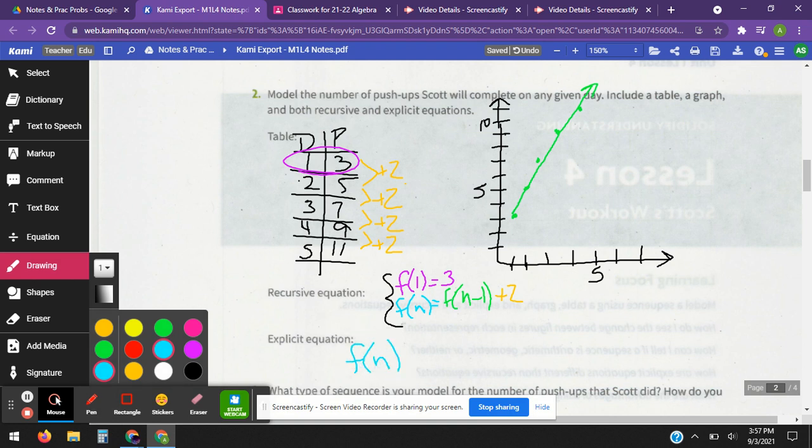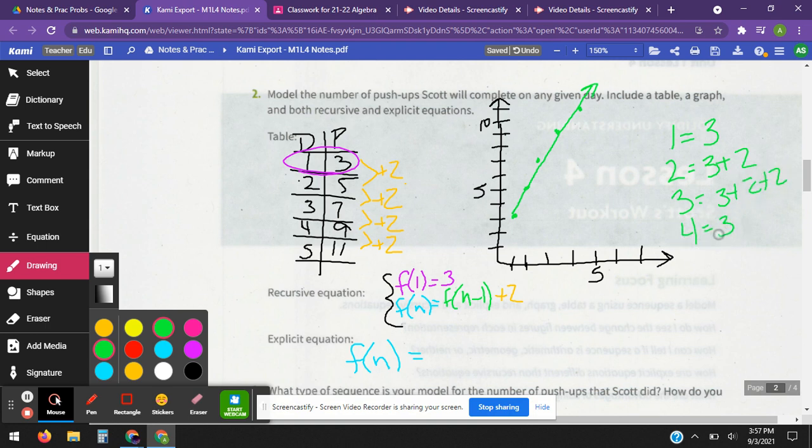So when we turn this into the explicit equation, my output is, let me do my table again. My first one is 3. The second is 3 plus 2. The third is 3 plus 2 plus 2.